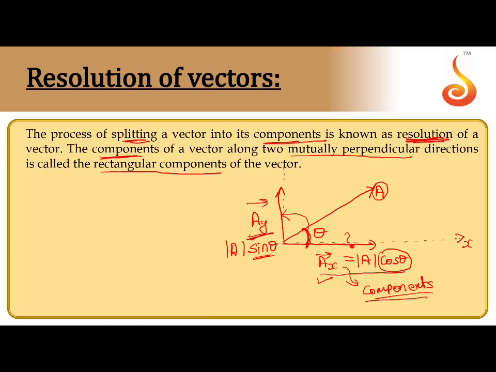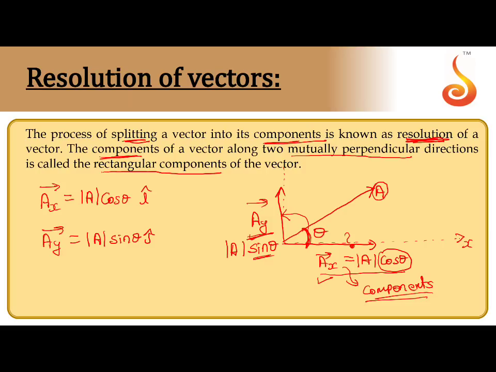What is the direction for them? Your AX vector is equal to mod of A into cos theta into i cap. i cap tells it is along the x-axis. Similarly, the AY vector is equal to mod of A sin theta into j cap. j cap tells it is along the y-axis.